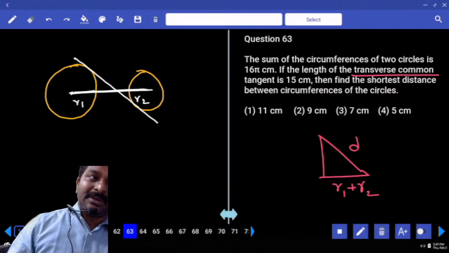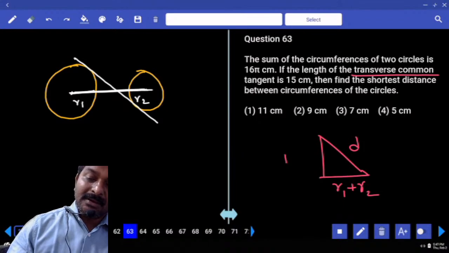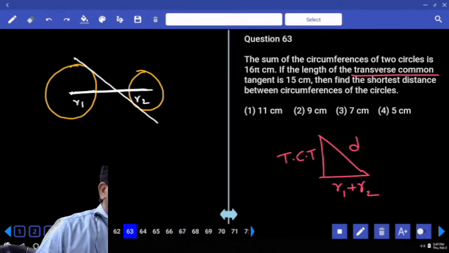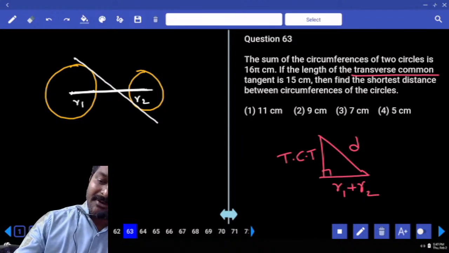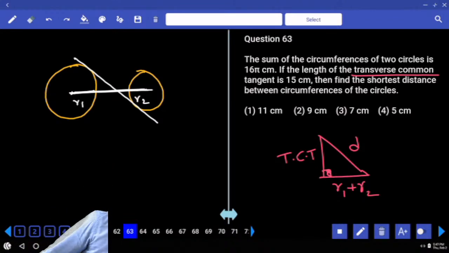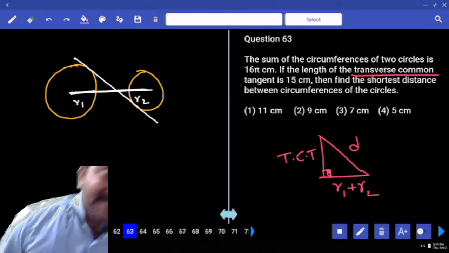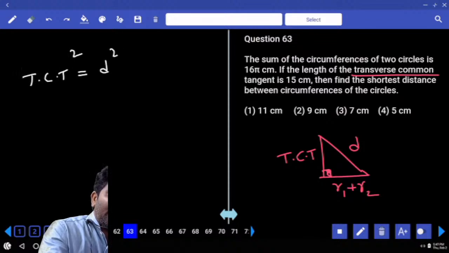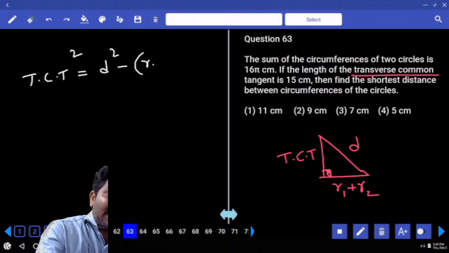R1 plus R2 will be here. The same is represented in a formula. Yes, it is in the form of a right angle triangle. Opposite side square plus adjacent side square must be equal to hypotenuse square. So now transverse common tangent whole square is equal to d square minus (r1 plus r2) whole square.